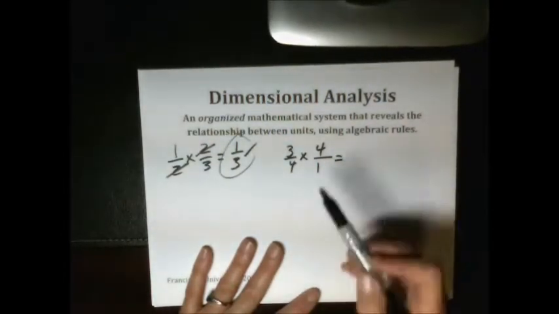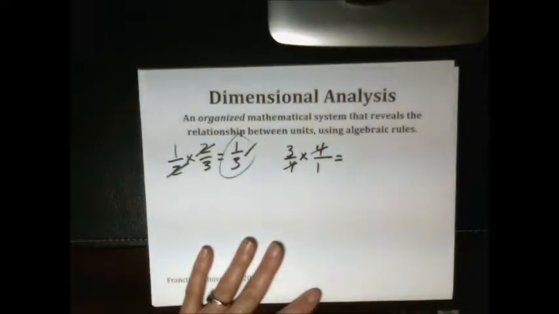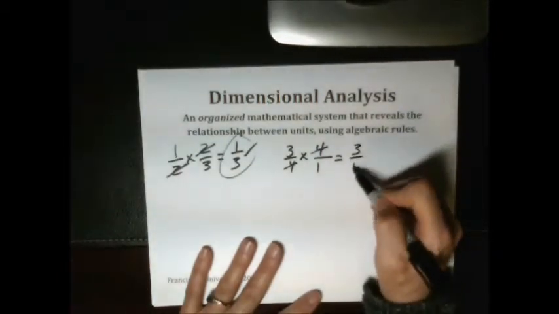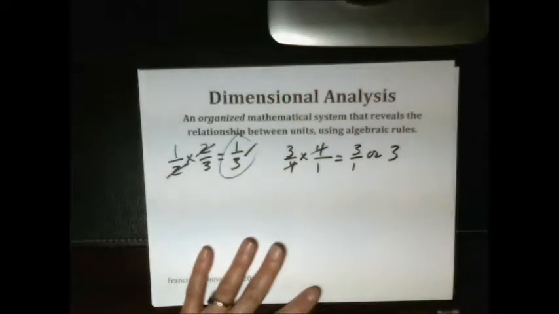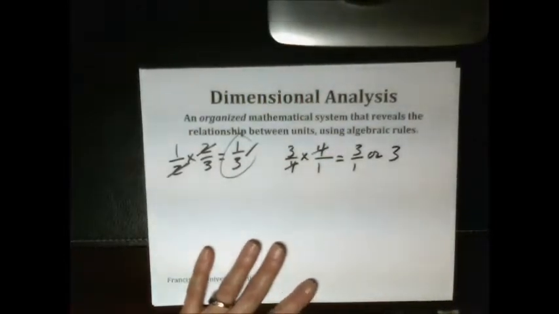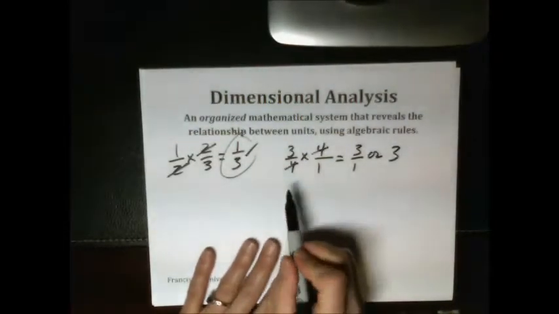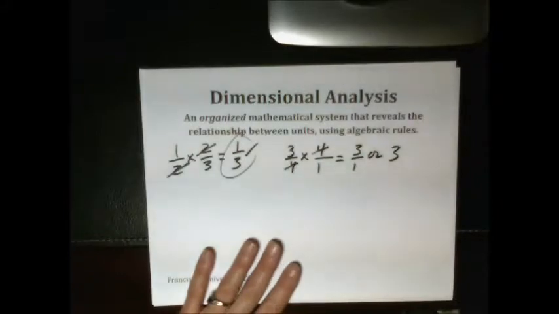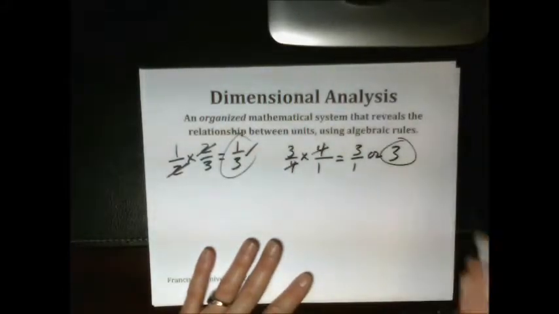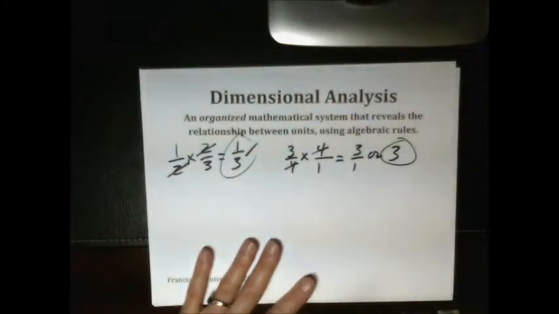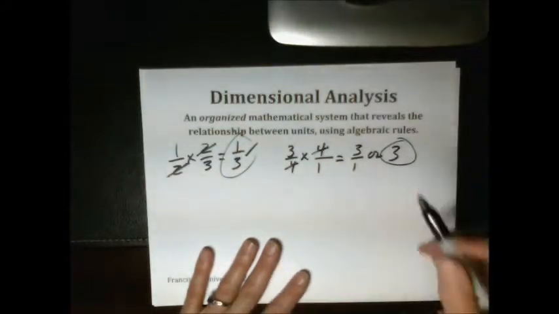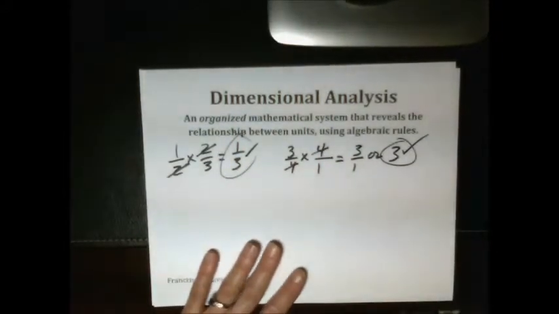We are going to cancel like units, which gives us 3/1, or 3. And we're going to ask, is this reasonable? Is 3/4 of 4 3? And it is. 1, 2, 3 is 3/4 of 4. 1, 2, 3, 4. So that's reasonable.